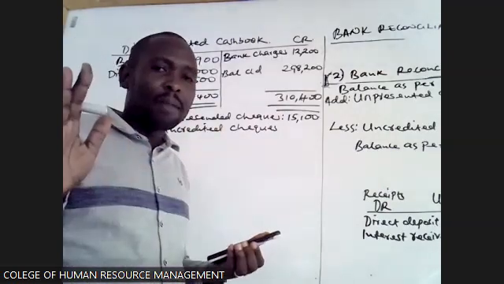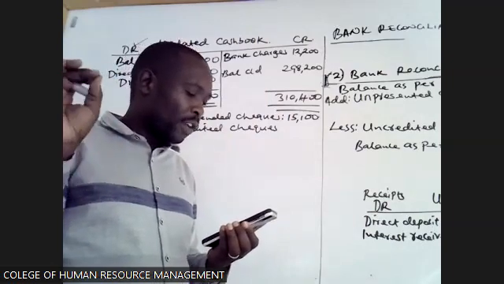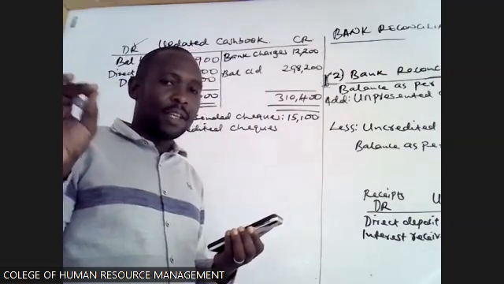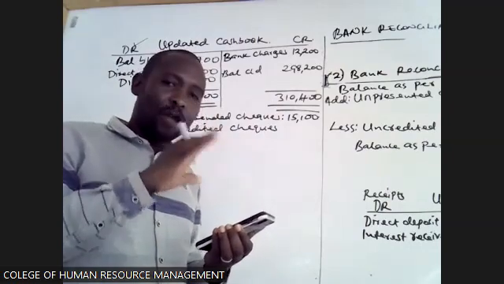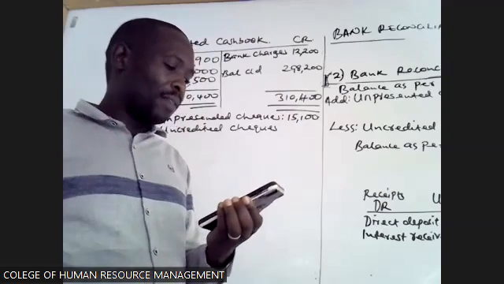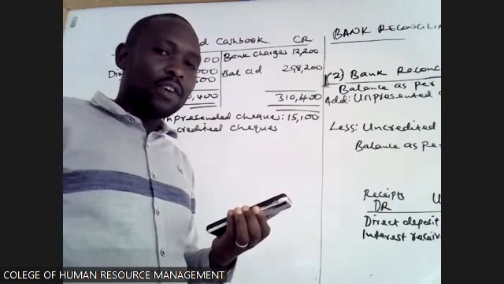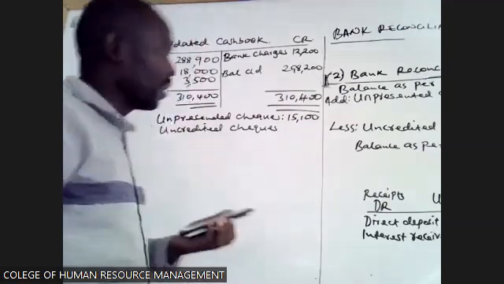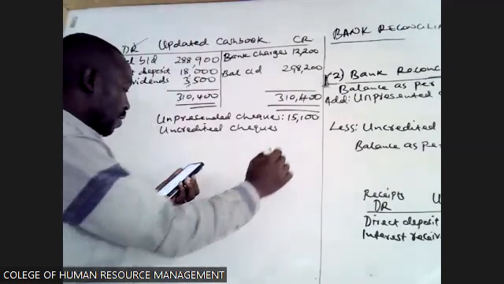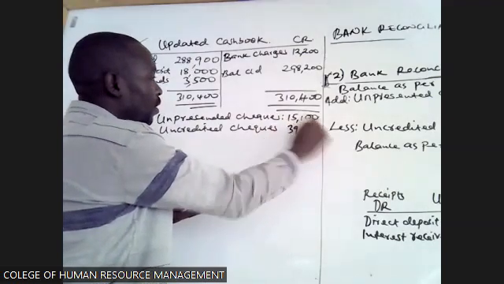Leave aside the opening balance, just focus on the three checks: Chinjoro, C. Anyango, Ejebet. Do we have any of those three checks which have not been credited in the bank statement? Which one is not credited? Ejebet. And that check amounts to 39,200.